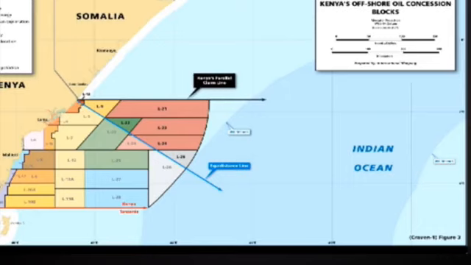Pursuant to those concessions, several commercial operators have undertaken extensive seismic testing on Somalia's side of the equidistance line. As a result of that testing, those companies have acquired extensive data regarding the nature, location, and volume of the natural resources contained in tens of thousands of square kilometres of Somalia's continental shelf.